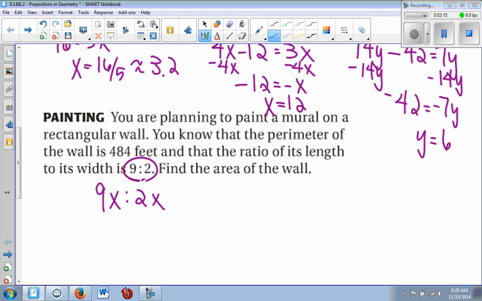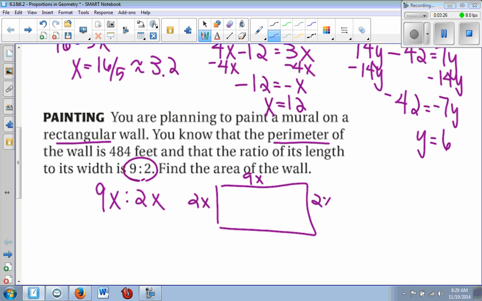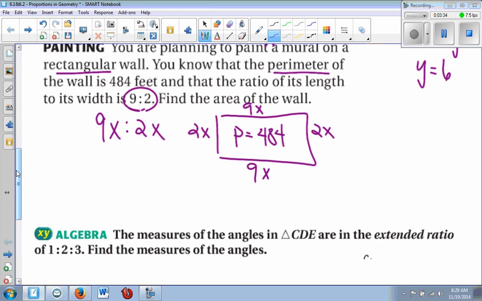So what we know about the perimeter of a rectangular wall is that the perimeter is going to be all four sides added together. So if I label all four sides, the total perimeter is supposed to be 484 feet. So I'm just going to take the four sides, add them together, and I should get a total of 484 feet. So 9x, 9x, 2x, and 2x equals 484.